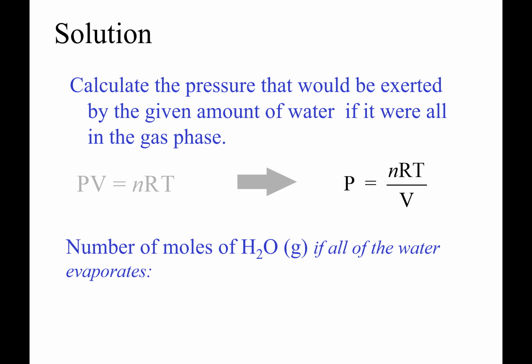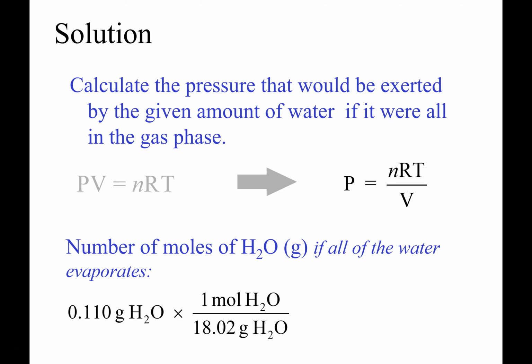To get from the mass of the water, that 0.110 grams of H2O, I bet you guys know the molar mass of water is 18.02 grams per mole. So if we put 1 mole over 18.02 grams, we're out to 3 sig figs. Then the n you're going to use is 0.00610 moles of H2O.